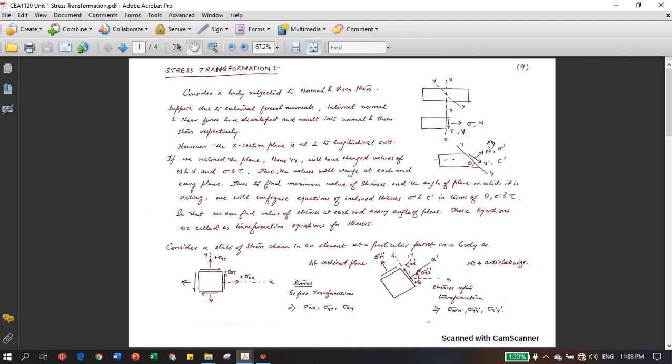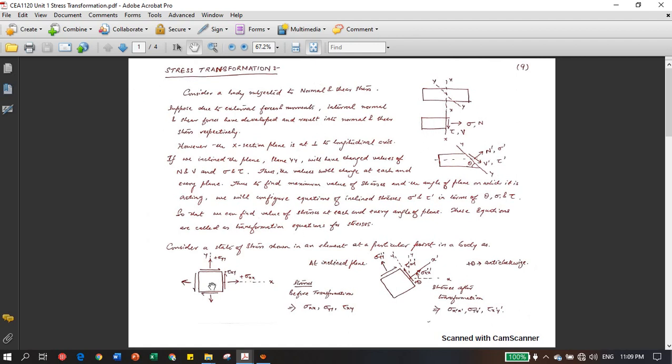So we will develop a relationship between the transformed stresses, the original stresses and theta, and we will differentiate these equations with respect to theta, and calculate the value of theta at which the normal and shear stresses will be maximum, so that we can accurately design our mechanism or any body we want to design. So we need the maximum value of normal stress and shear stress. That's why we are doing stress transformation.